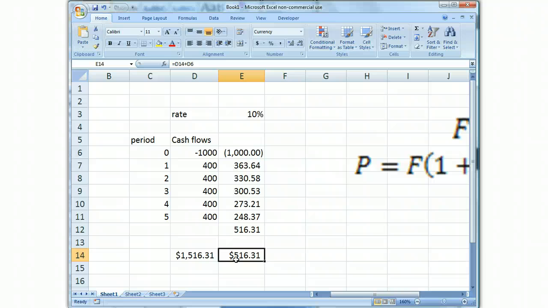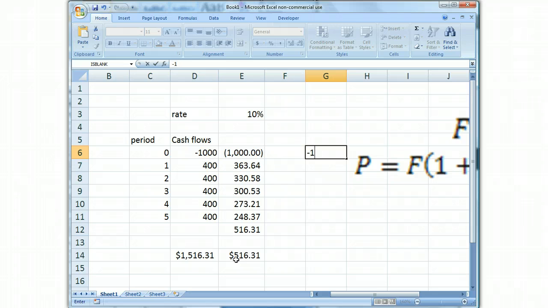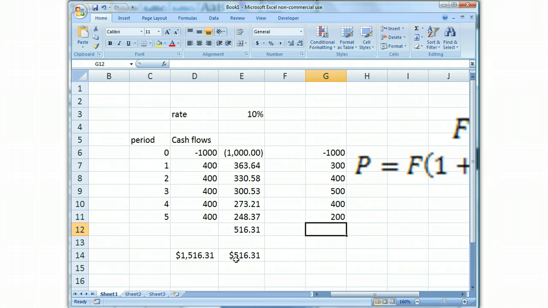Now, of course, the benefit of doing one by one is that you could have independent numbers here. If I have a situation in which I have an initial investment of negative 1000, but then these numbers are different, say 300, 400, 500, and then maybe again 400 and then 200, the computations remain the same.